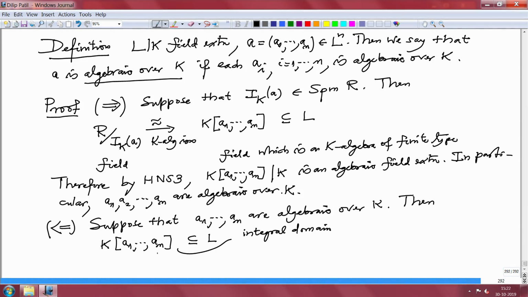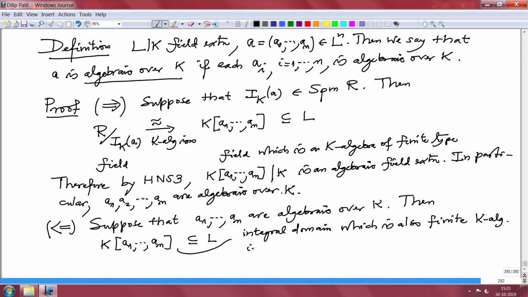and also because each of a1 to an is algebraic, each one of them satisfies a non-zero polynomial with coefficients in K, and therefore it is also a finite K-algebra.